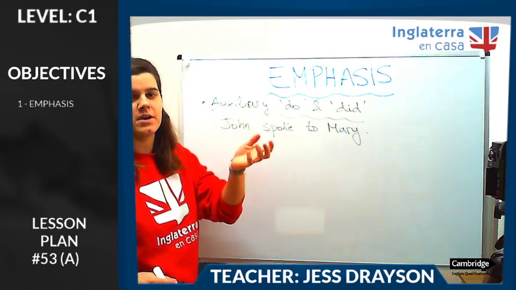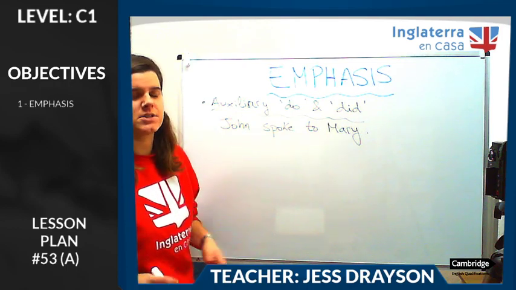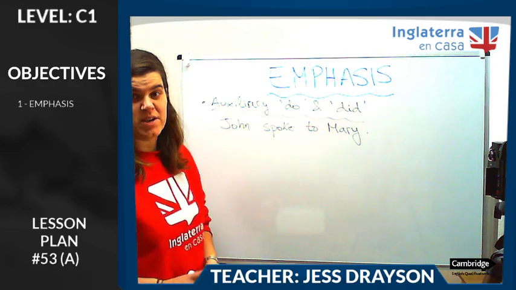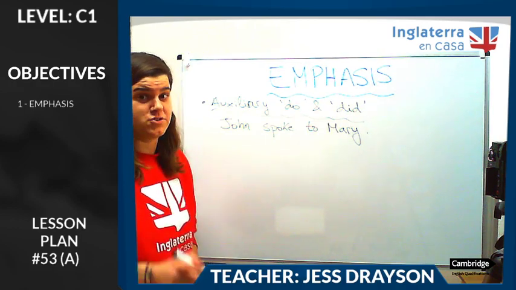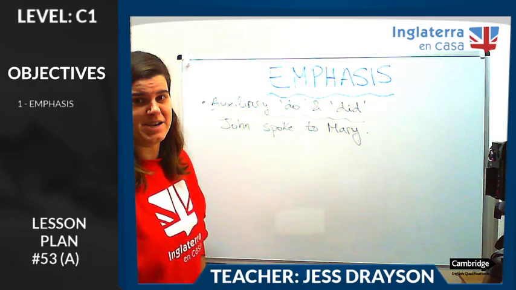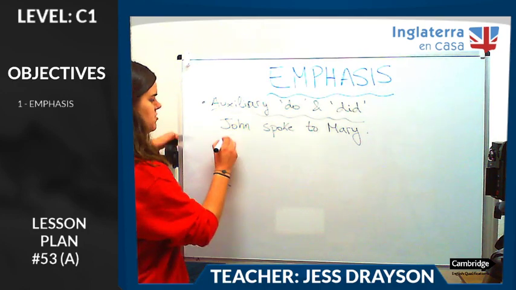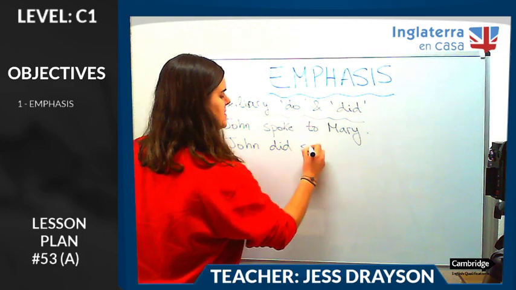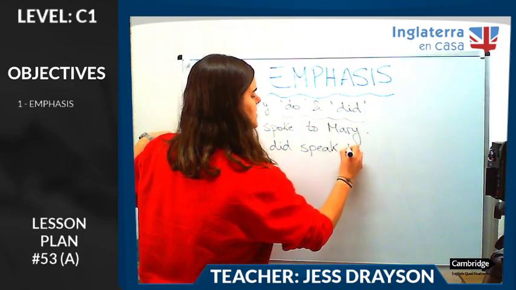emphatic, you could add the auxiliary. So for example, if I say to you, John didn't speak to Mary, and you could say, no, that's not true. John did speak to Mary. Okay? So you would change this and make it John did speak to Mary.